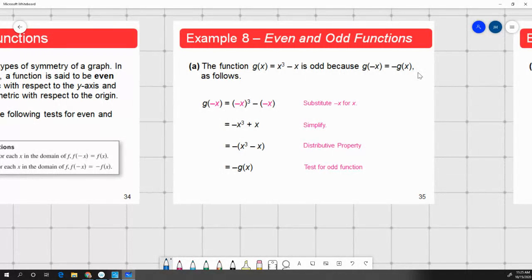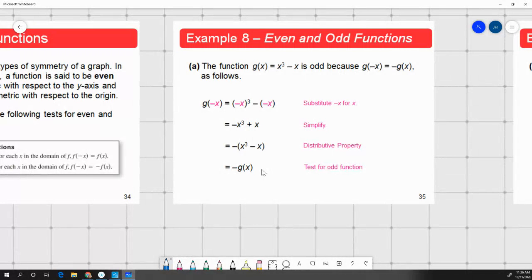And the way that we follow that is, okay, if I input negative x into this equation and what I came out with was negative g of x, we would have an odd function, right? Because all we're changing is we're flipping the x value, right? So if I was on the positive side, everything's going to be the same, but now on the negative side of that y-axis, right? And that's how you're going to test for an odd function.